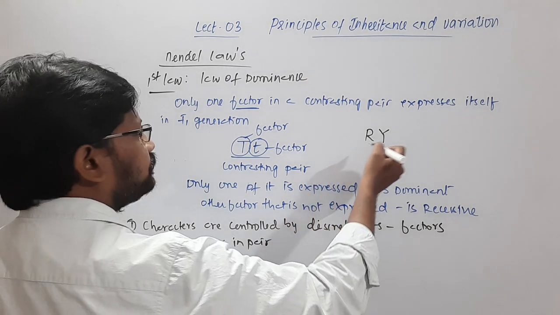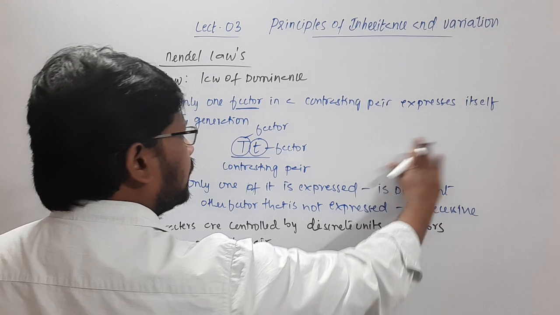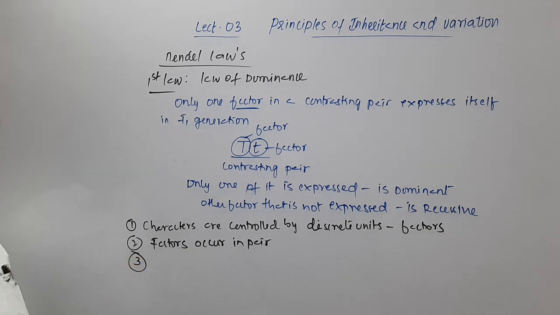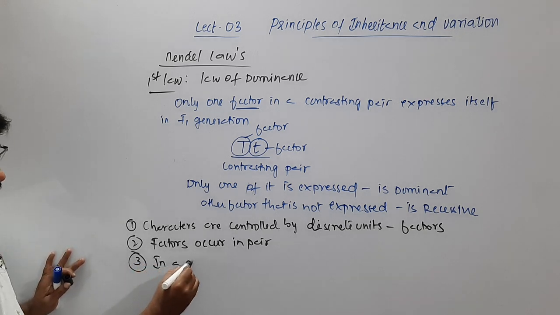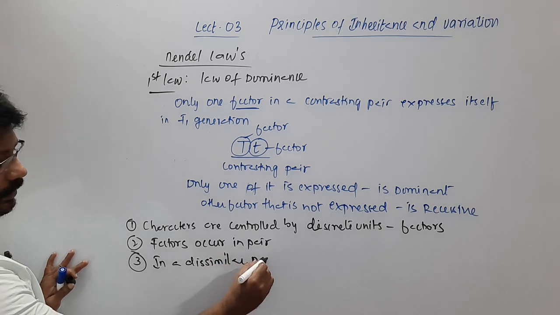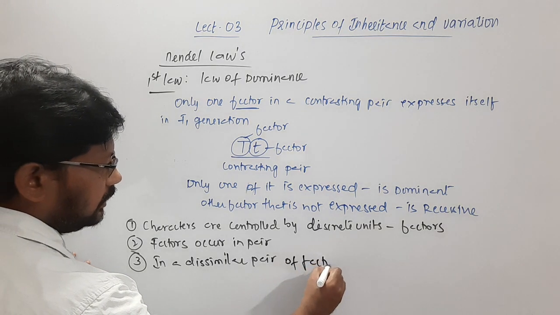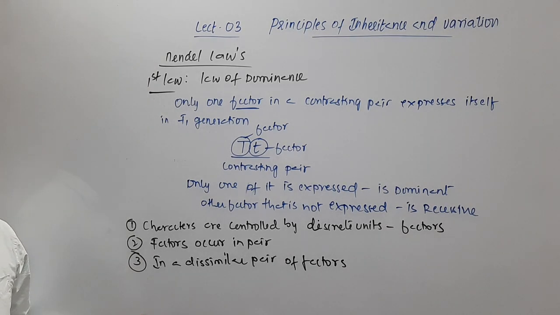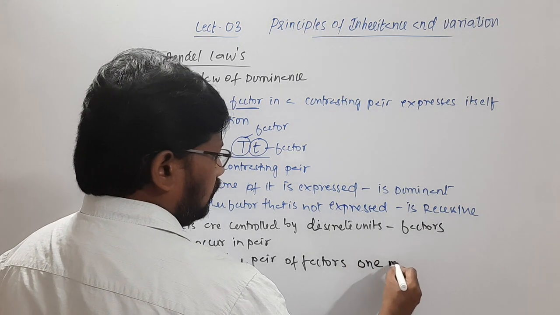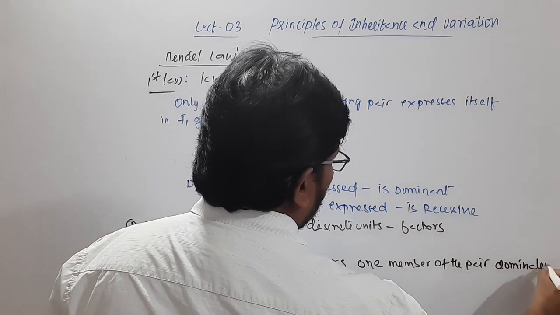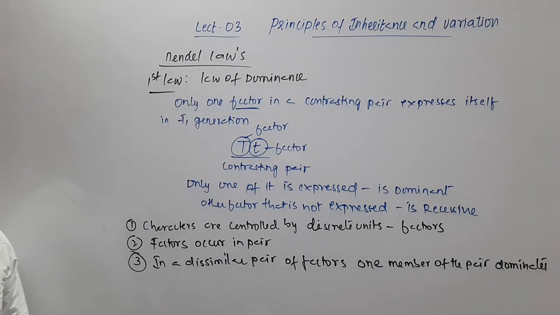So factors occur in pairs, and another point: in a dissimilar pair of factors, one member of the pair dominates.